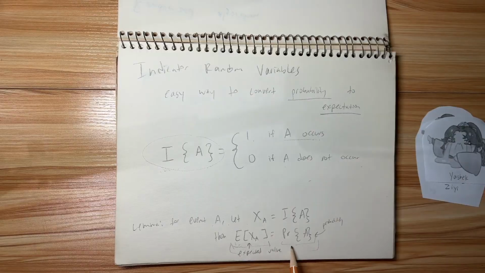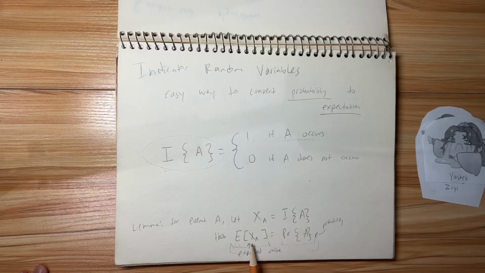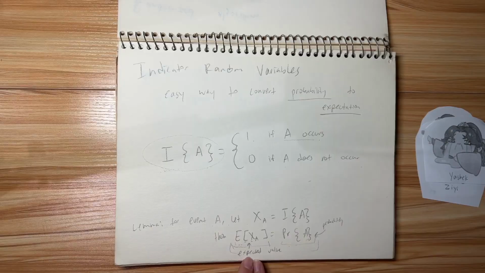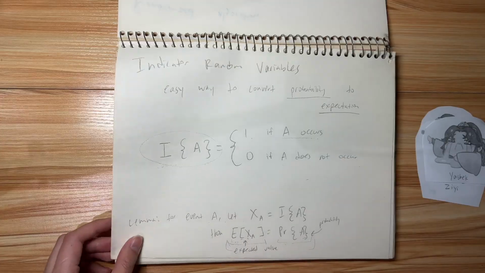A lot of times we want to add up the probabilities and combine them into one expected value. So later on, we'll find some examples in which it's not trivial like this. But this is just the definition: we have some expected value which is equal to your probability.